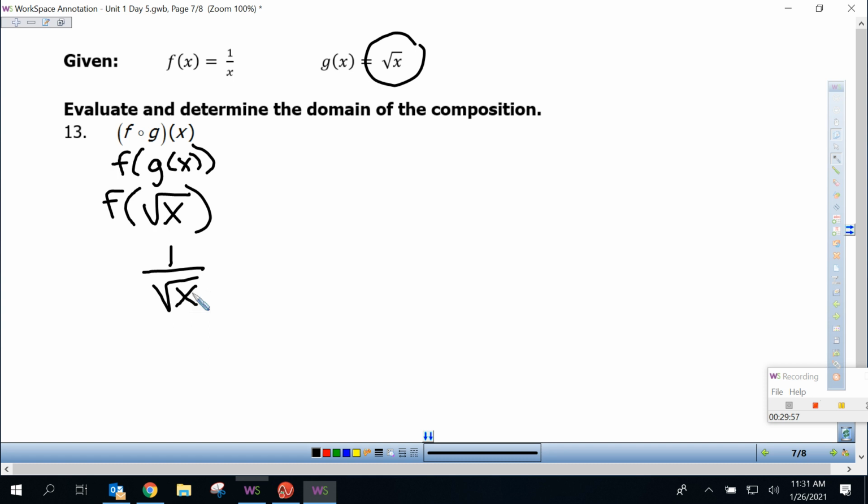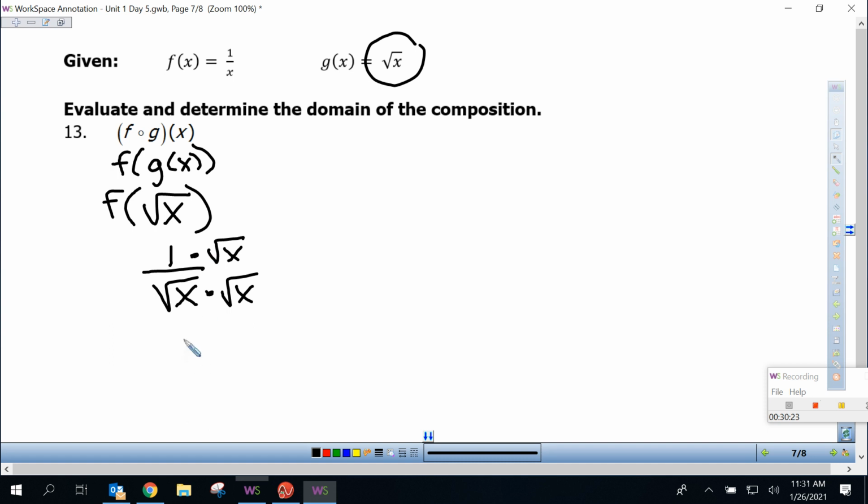Now, in Algebra 2, were you told that you could leave it like that? No. What do you have to do with that? What is that process called? Rationalize. Rationalize the denominator. To get rid of the radical in the denominator, multiply both the numerator and the denominator by square root of x.